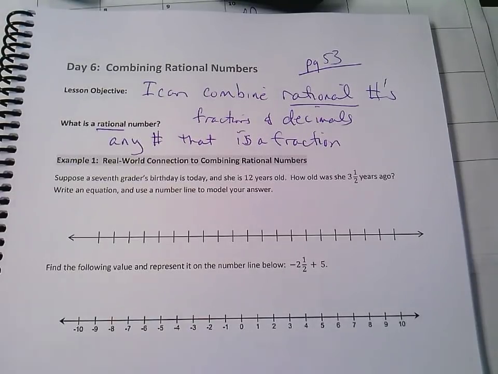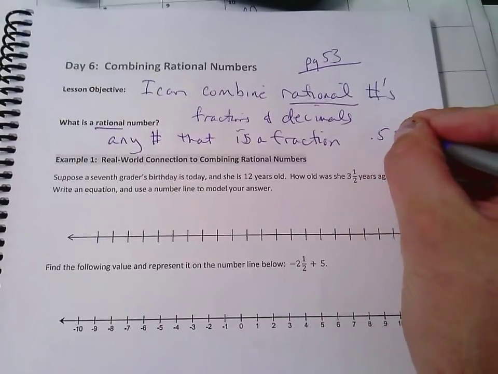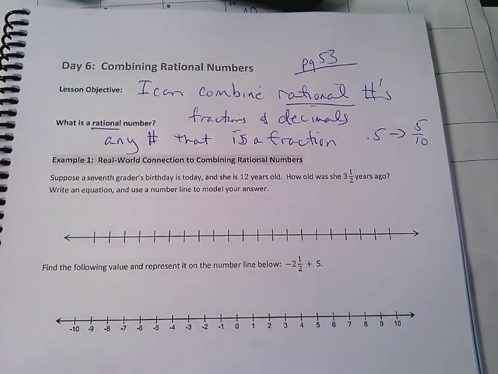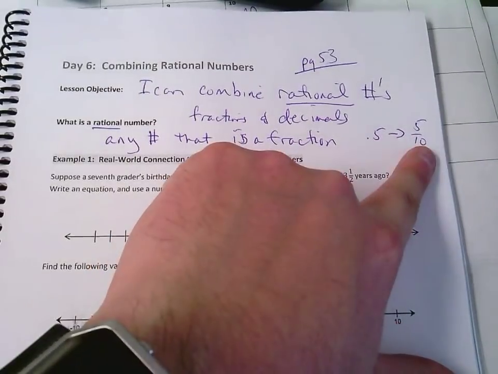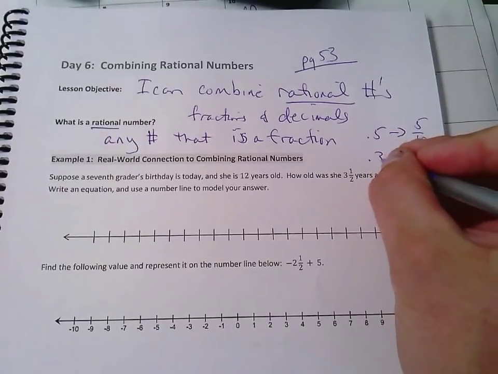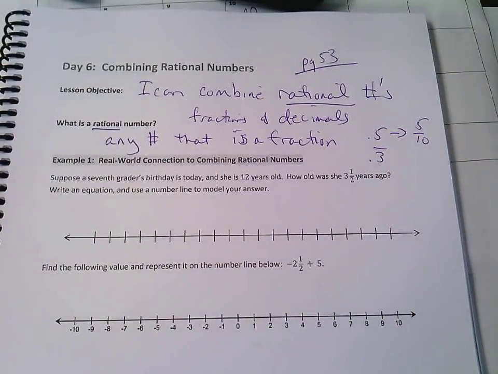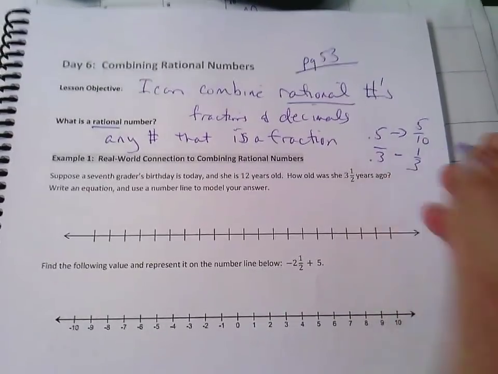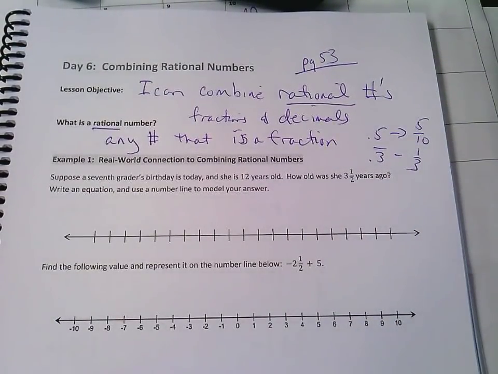And some decimals, like 0.5, really refer to 5 out of 10. So any decimal that terminates or stops is considered rational. Also repeating decimals, like 0.3 that repeats, is the same fraction as 1/3. All right, so those are considered rational numbers. Irrational numbers is something we say for later on in math.